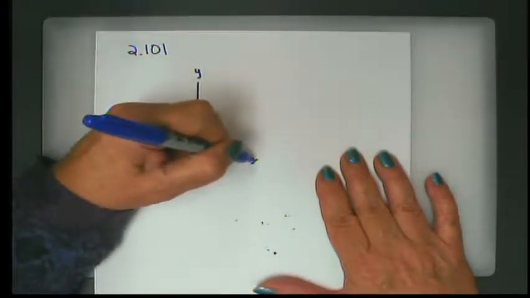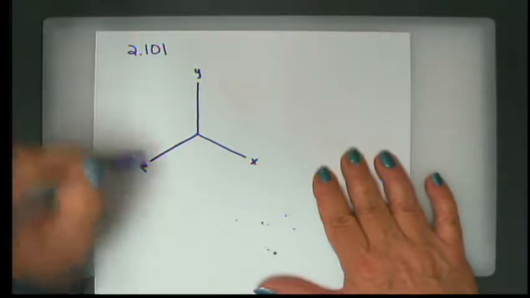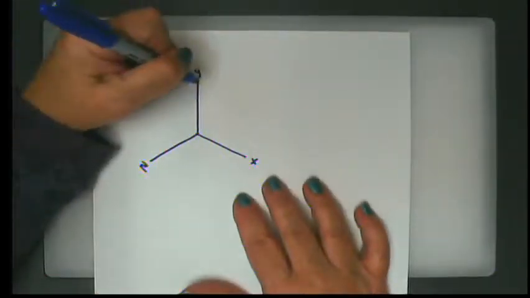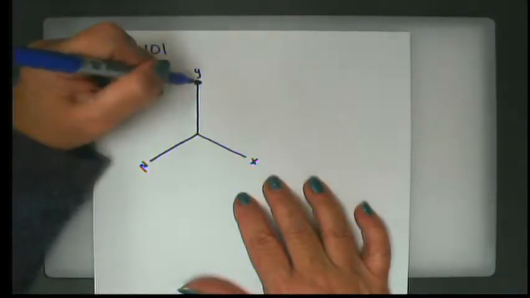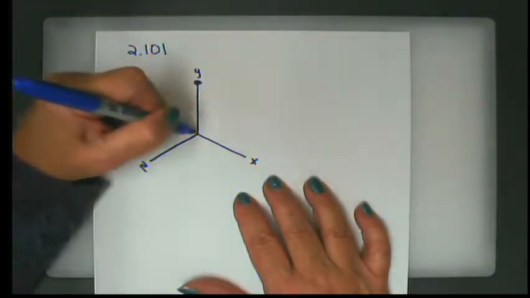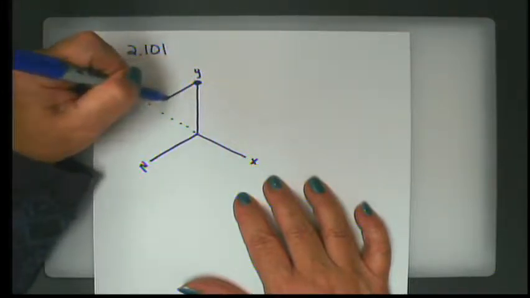Now they draw y being up, but just for the sake of clarity, they're drawing the xz plane, which would be perpendicular to the y-axis, but it's represented this way. We have a balloon here at point A, tethered at point A, and it has three cables holding it down.